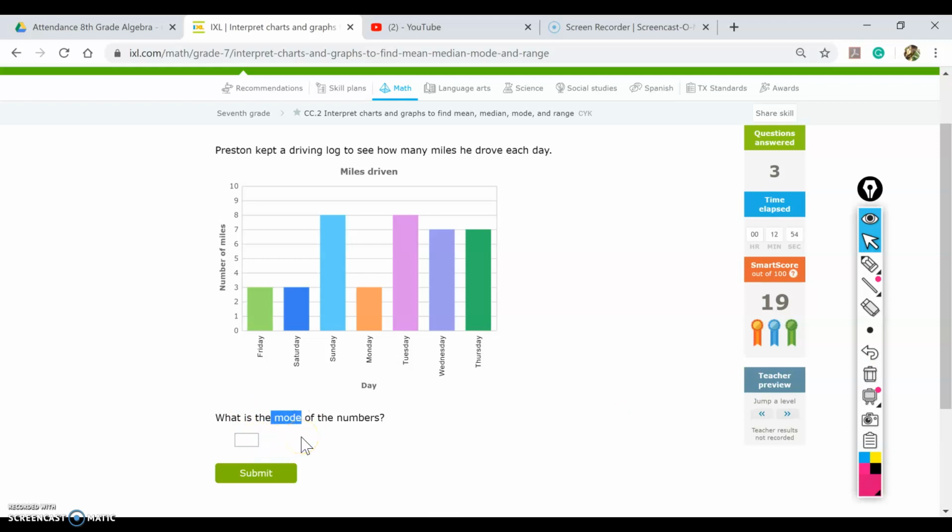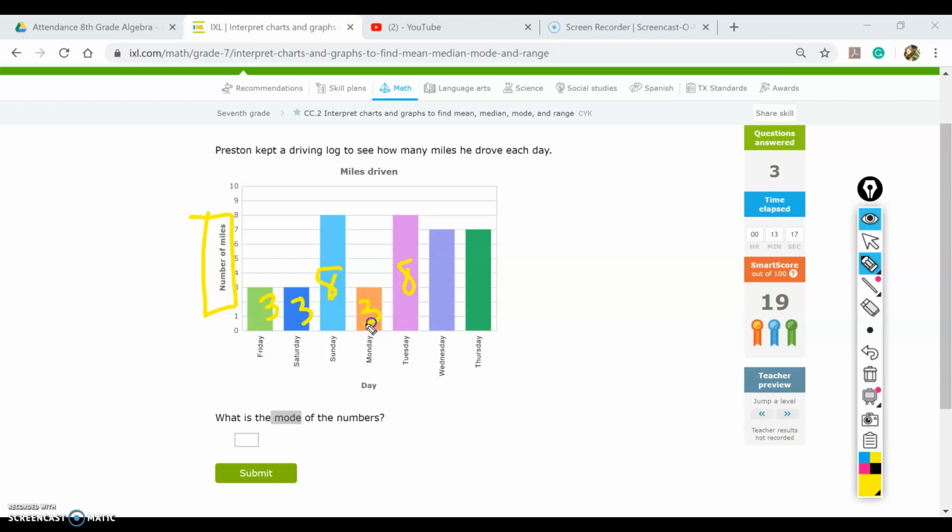The mode is the number that repeats the most, right? In this case, when you read your table, you need to see that they're telling you the number of miles. Now, the number that repeats the most is the mode. Look how the 3 is repeating 2 times. So this is 3, 3. This is 8, this is 8.